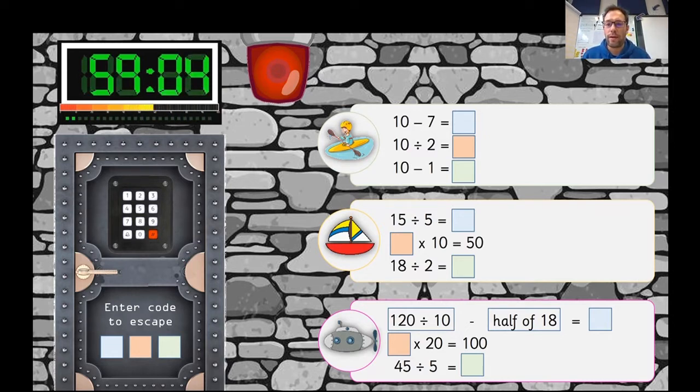60 seconds, we've got 1 minute left. If you do complete the challenge you're doing, try and complete another one as well. We've now got just about half a minute left, which is 30 seconds.